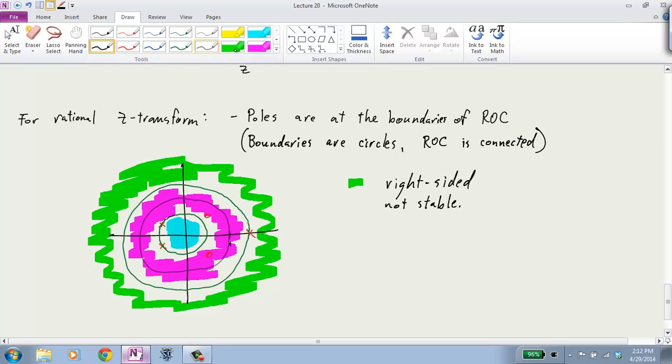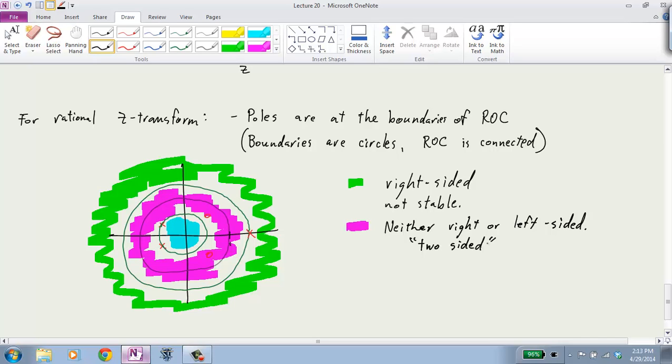Okay, and what about the purple? Okay, so this is what we might say two-sided.